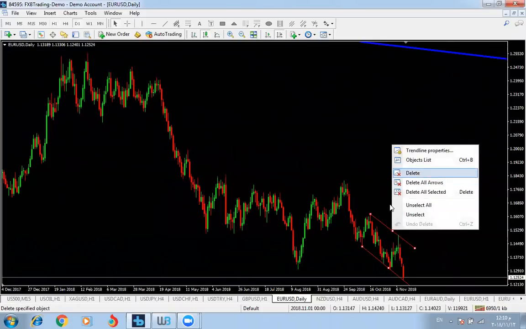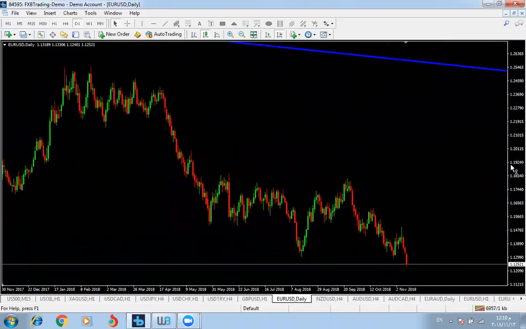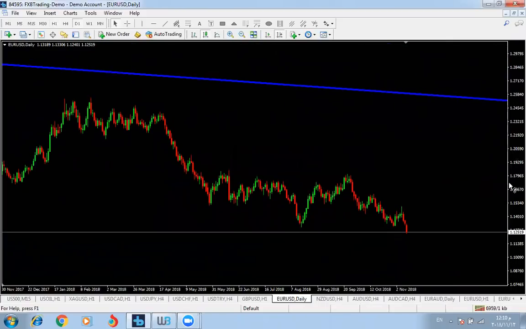I will show you the whole count for the price in the daily time frame. This is wave 1. This is wave 2. This is extended wave 3.